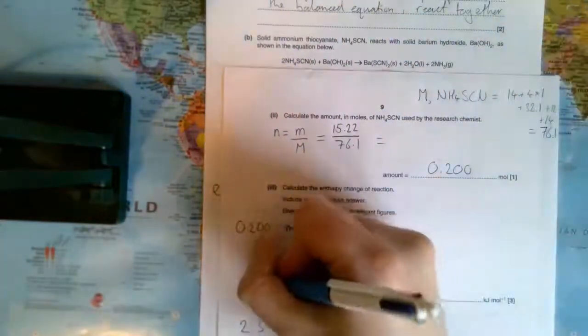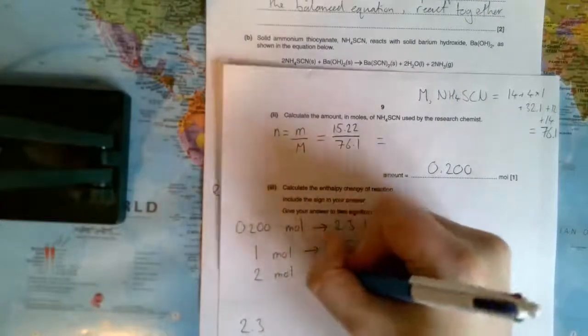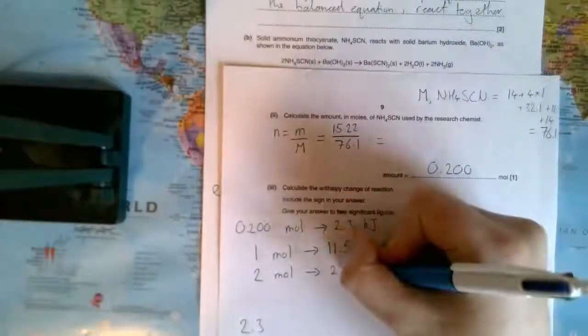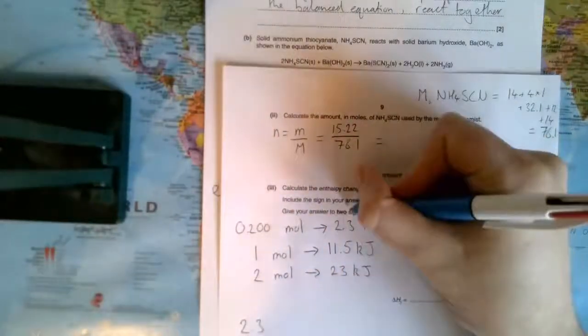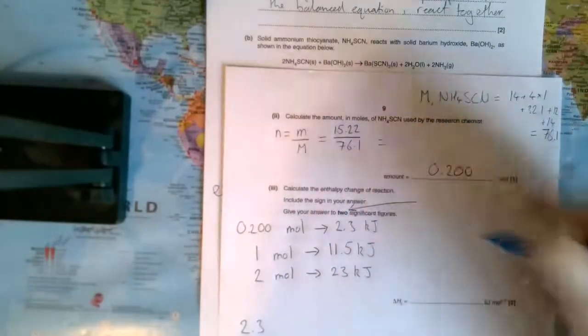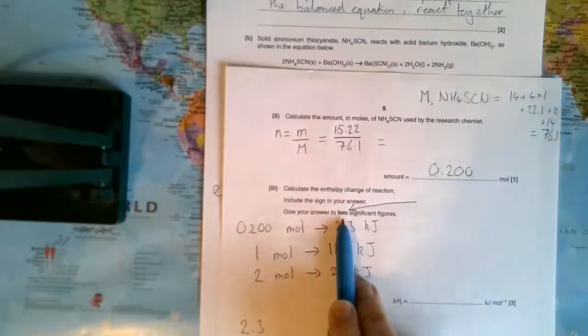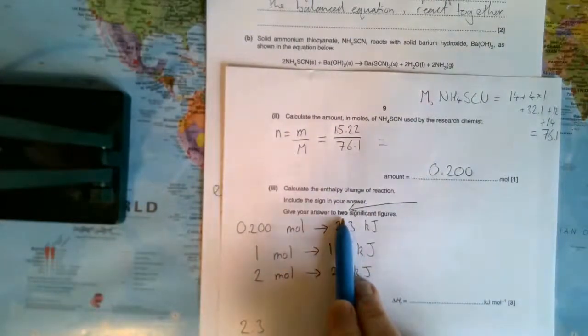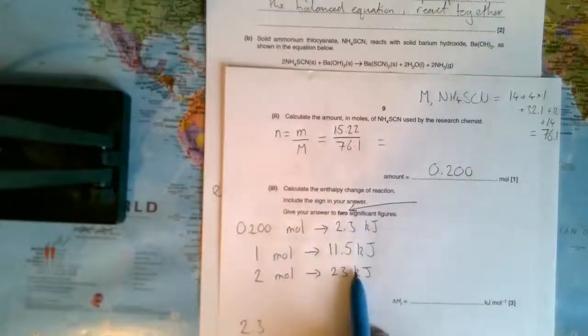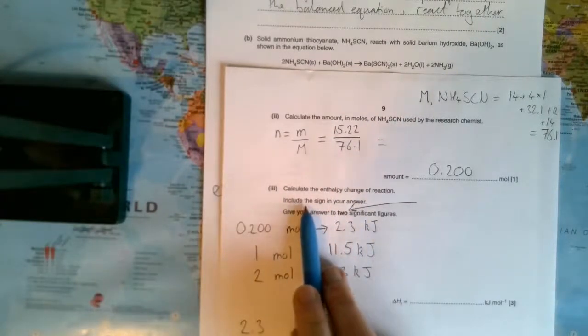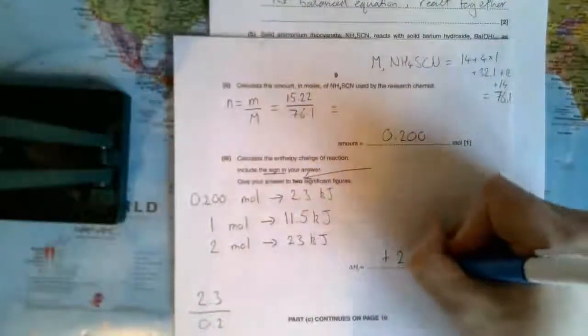So we need to know what the energy change is going to be there. So it is 23 kilojoules. Why am I being so lacking in my specificity? Because the question tells me to. So there's 1 mark for having it to 2 significant figures, 1 mark for doing all this, and then it does say to include the sign from earlier. It is endothermic, so plus 23.